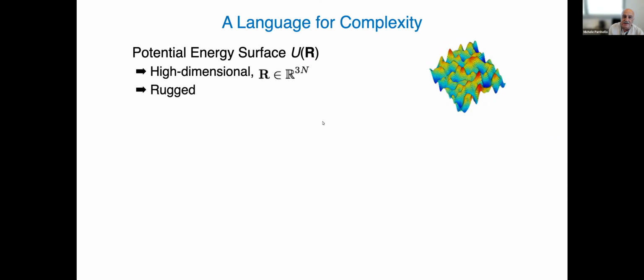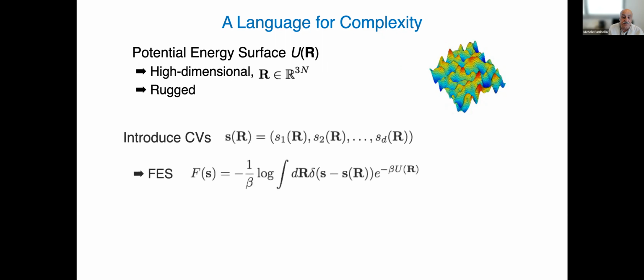This cannot be done on the basis of the potential energy surface, which is very high dimensional, and it's very complicated and rugged. This is an artist's impression of how a potential energy surface might look like. Of course, we can represent only two-dimensional things, so we imagine this in a space of hundreds of thousands of dimensions.